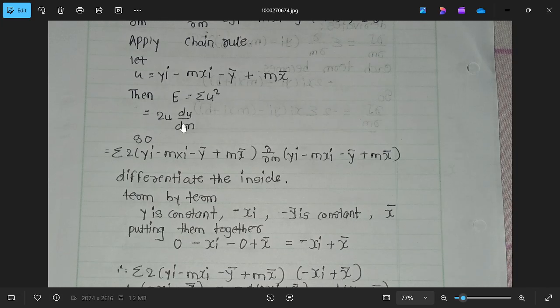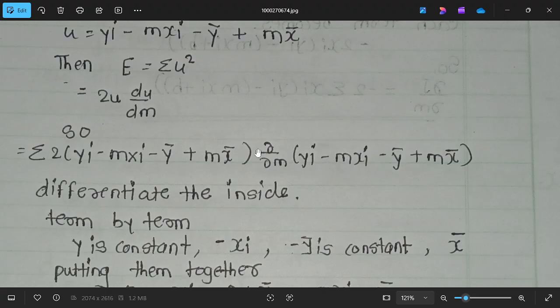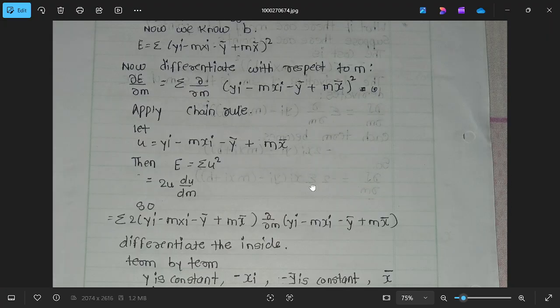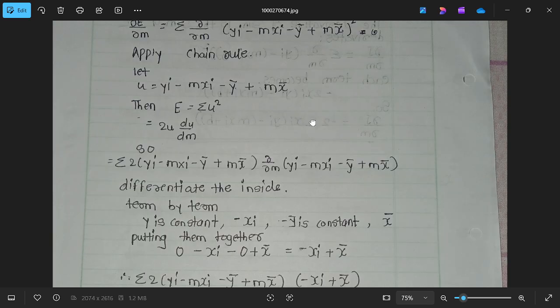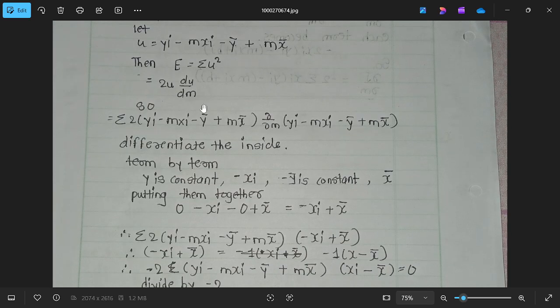So we have taken 2u, the power of the u square, into the differentiation of u. First we differentiate j, which is the loss function, with respect to m. Here we are going to differentiate the u with respect to m.